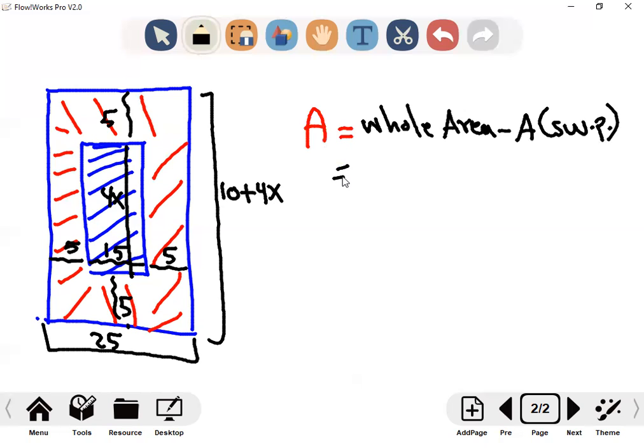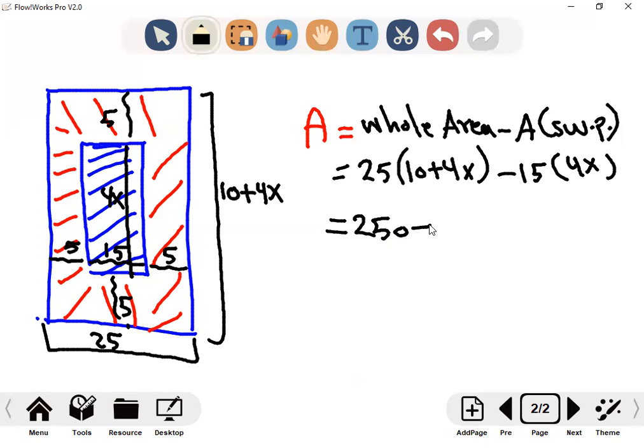What's the whole area? 25 multiplied by 10 plus 4x, minus the area of the swimming pool, 15 multiplied by 4x. Now simplify: 250 plus 100x, right? Minus 60x plus.